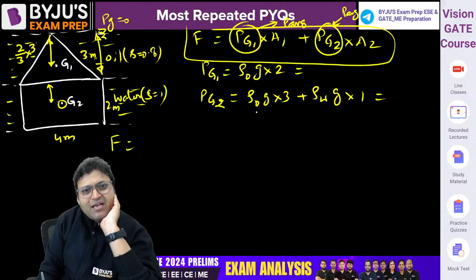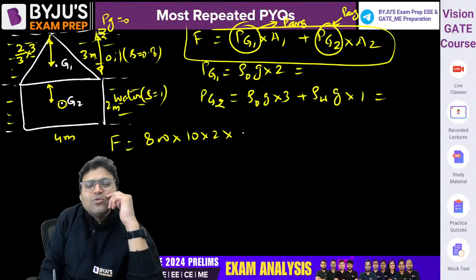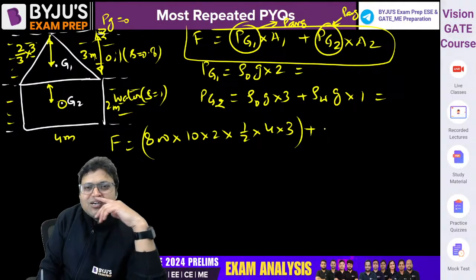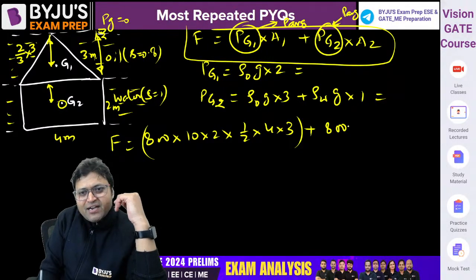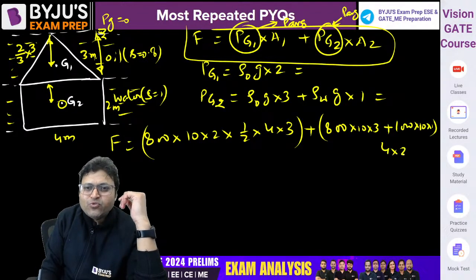So it will be 800 into 10 into 2 into A1, that is half into base, 4, into height, 3, plus 800 into 10 into 3 plus 1000 into 10 into 1, then multiplied by 4 into 2. That will give you the answer.